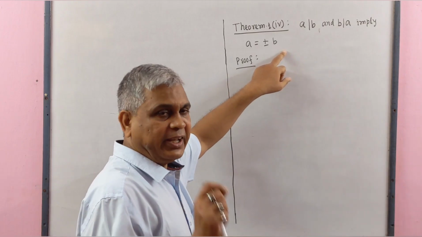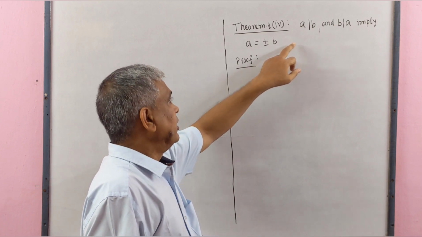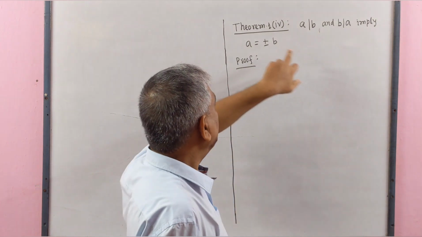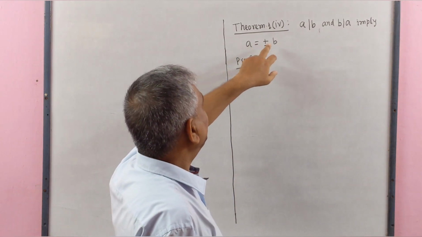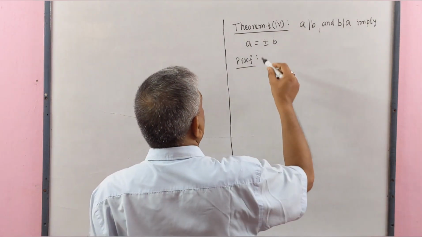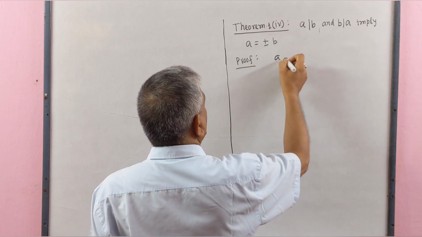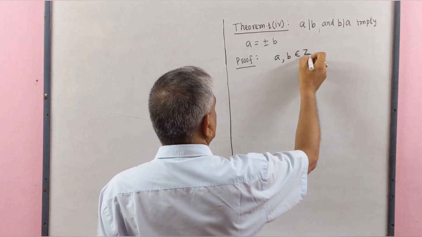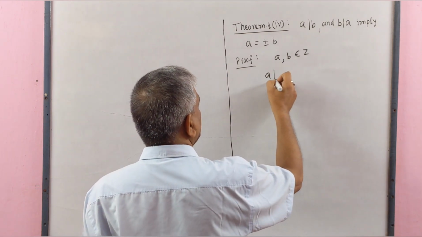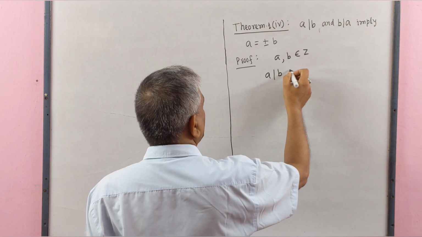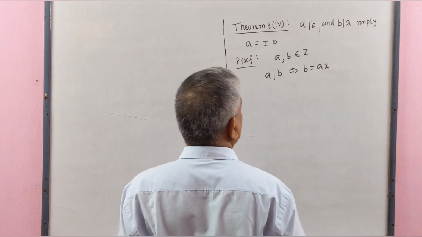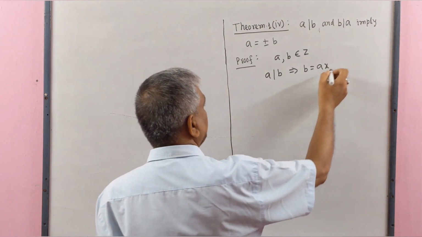Now we prove the next theorem. A divides B and B divides A, imply A equal to plus minus B. Given that A, B belong to Z, integers, and also given that A divides B, implies that B equal to AX from the definition of divisibility.